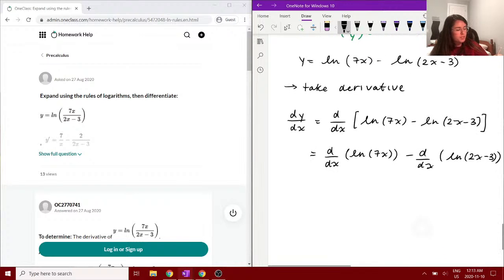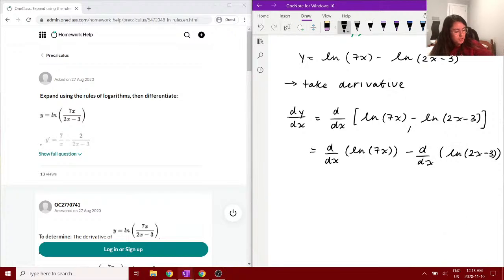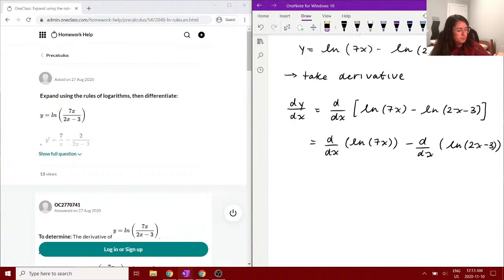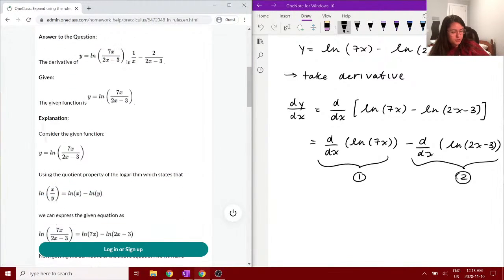Okay, I just separated it because they're just being subtracted, so they don't need to be considered as one full term. This makes it a little bit easier to understand. I'll separate this into two parts just because it might be clearer this way. Also, I'll show what the solution does here.